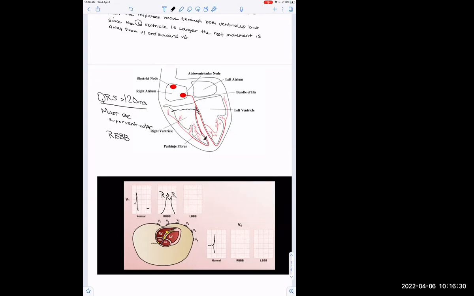This morphology is known as a classic RSR prime wave. Okay, because you have your R wave, your S, and your R, known as RSR prime.